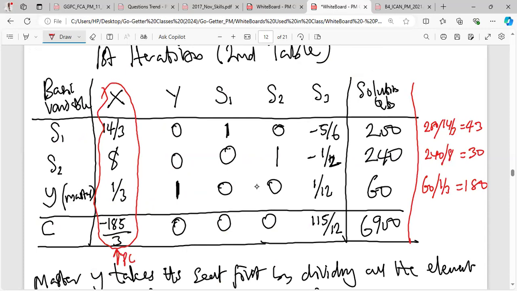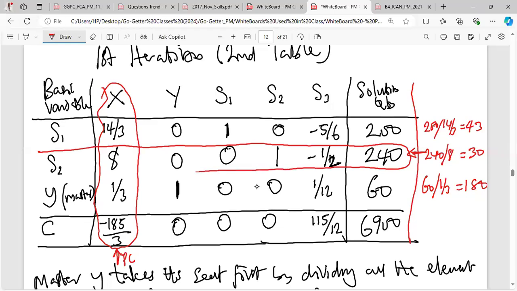So the one that has the lowest positive result is the pivot row. So it means that S2 is losing its seat for the family of X to take its place. And the new king, all hail the king, is going to be 8.